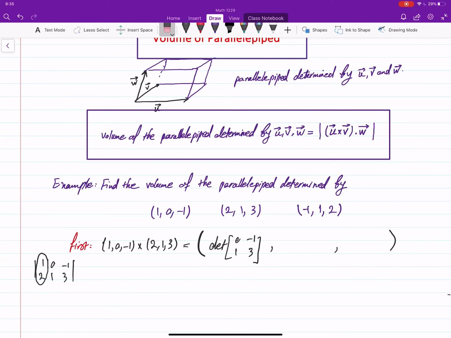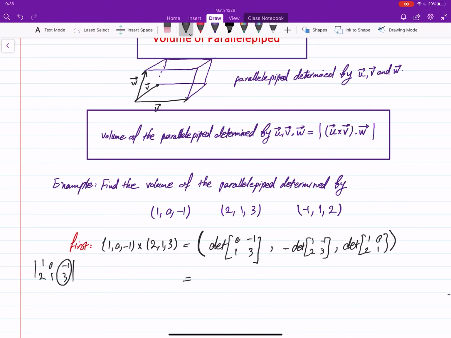Then ignore the second column, and the remaining 2 by 2 matrix is 1 negative 1, 2 3, find the determinant of that and multiply it by a negative sign.